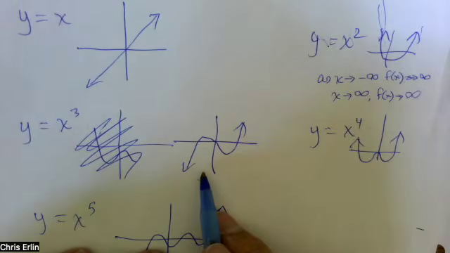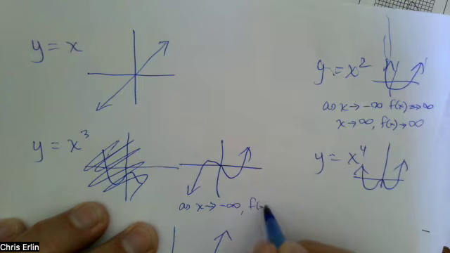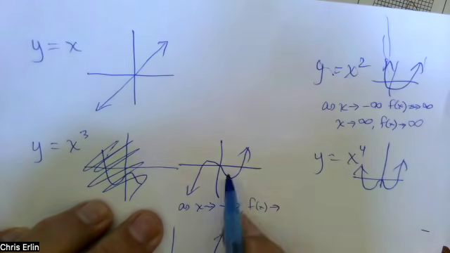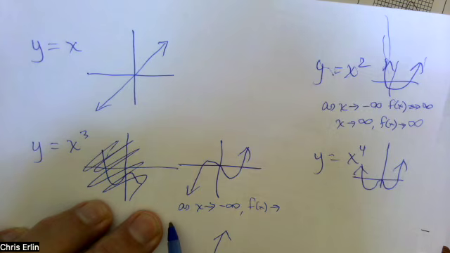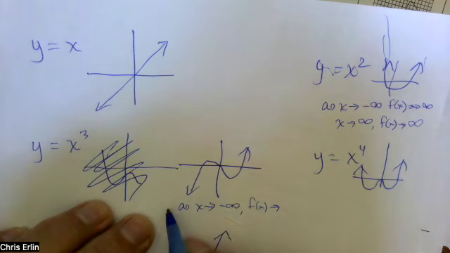What about x to the third? So first, as x approaches negative infinity, f of x approaches what? Would you say that the y value as I move over here towards an x value of negative infinity is positive infinity or negative infinity?